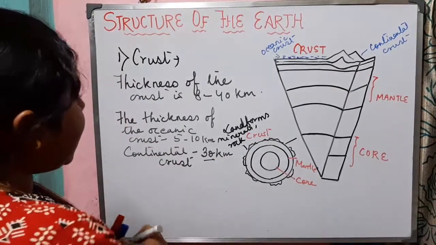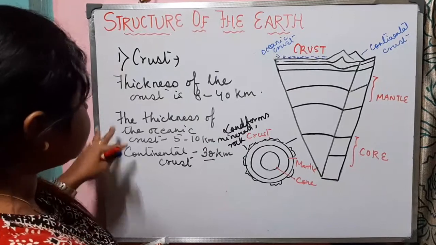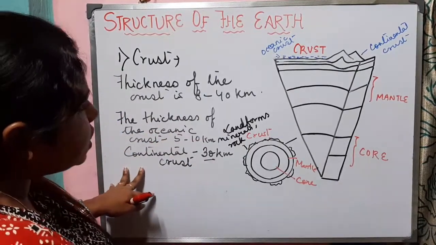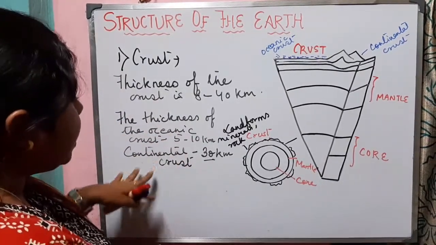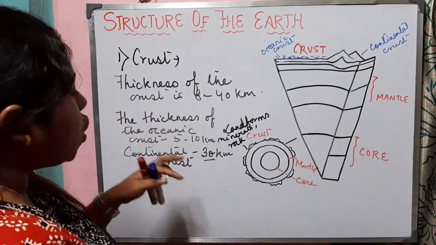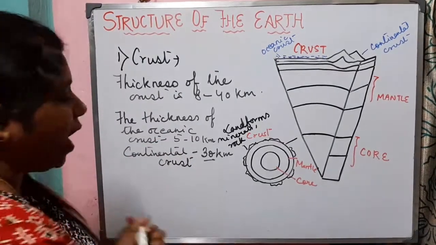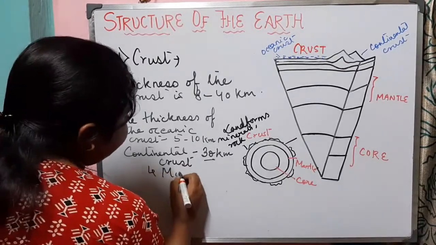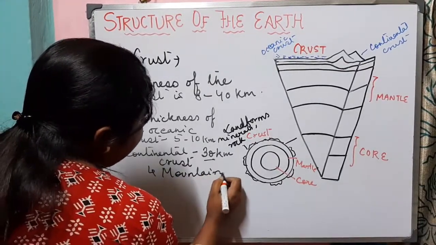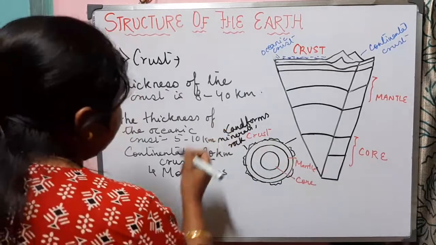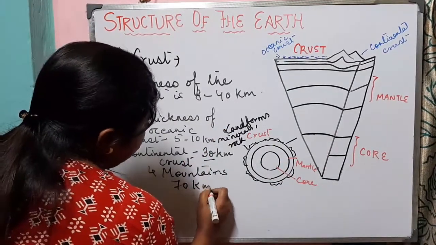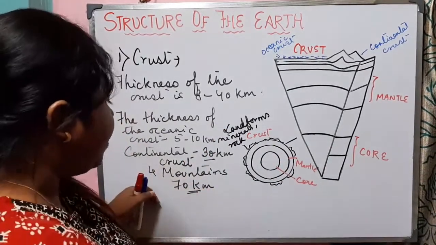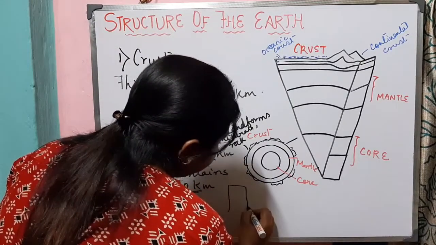The thickness of the continental crust will be more where? In the areas of mountains, like in the areas of the Himalayan mountains, where it has a thickness of 70 kilometer. Now, how are the mountains formed?